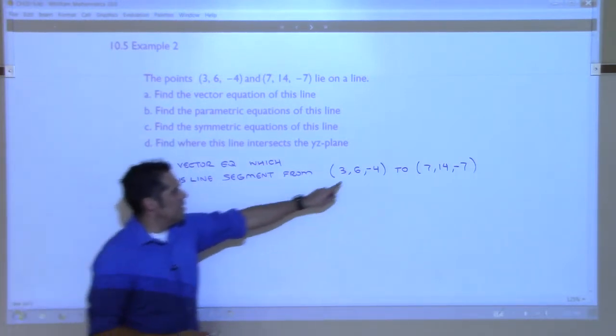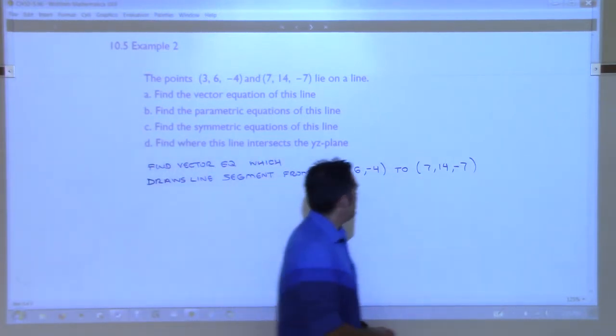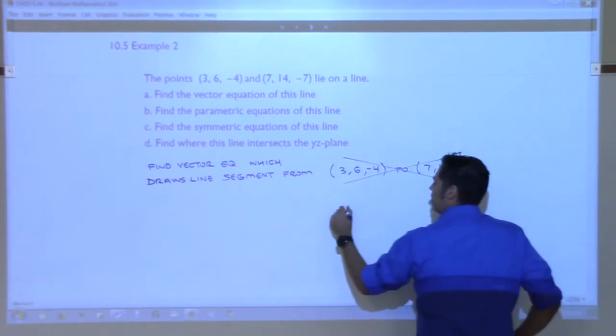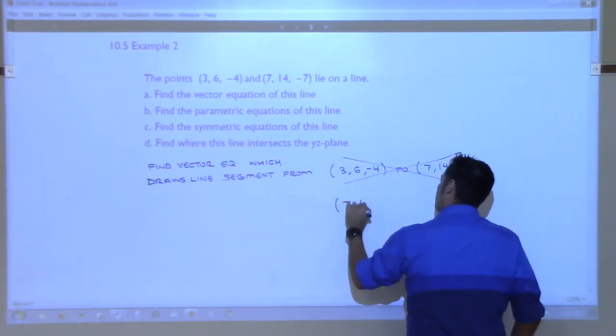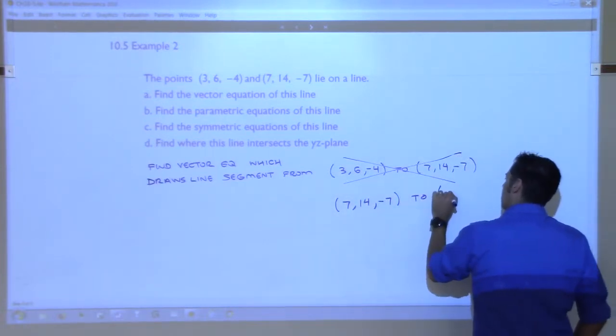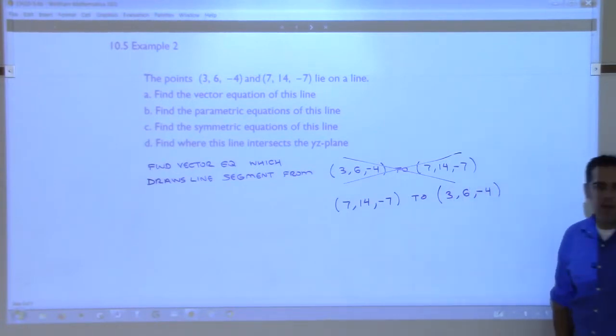Because at 0 you'll be here, and at 1 you'll be here. Understand? Now, what if I switch this? What if I wanted to go from 7, 14, negative 7 to 3, 6, negative 4? What if I want to go the other way around?